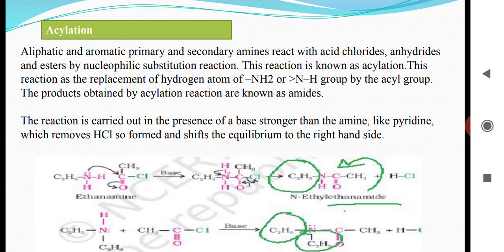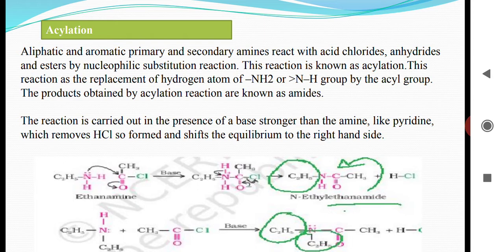Acid chloride you already know, that is RCOCl. Anhydrides are formed by the removal of a water molecule when two acids condense with each other. And esters, we all know esters, that is RCOOR, by nucleophilic substitution reaction.